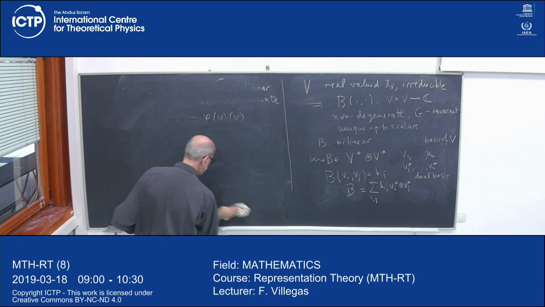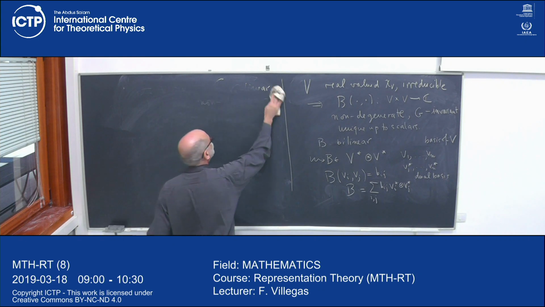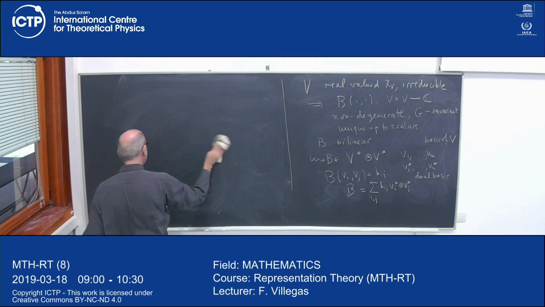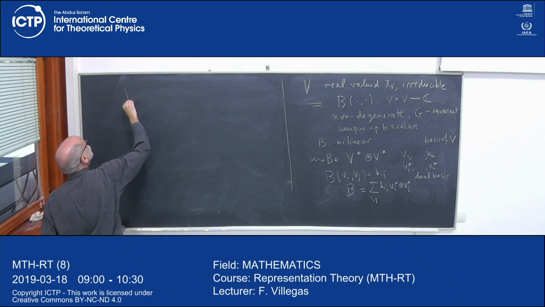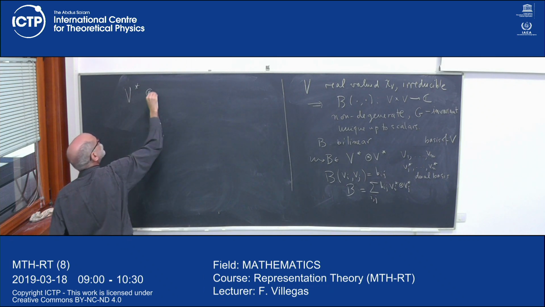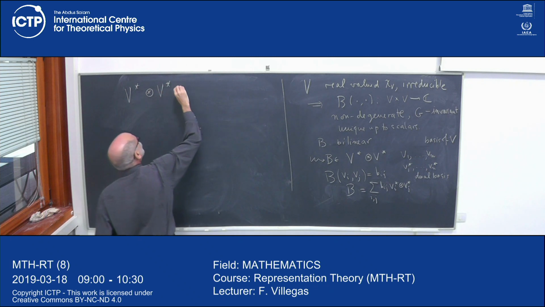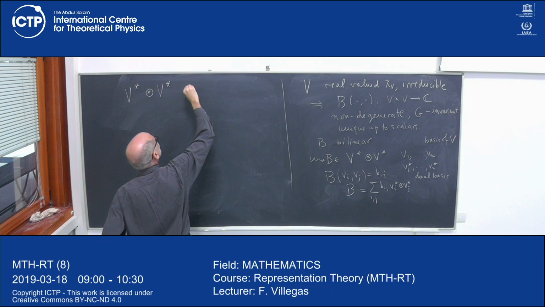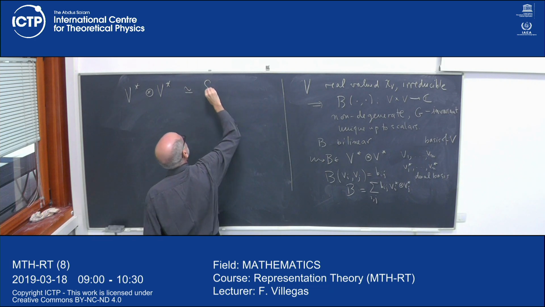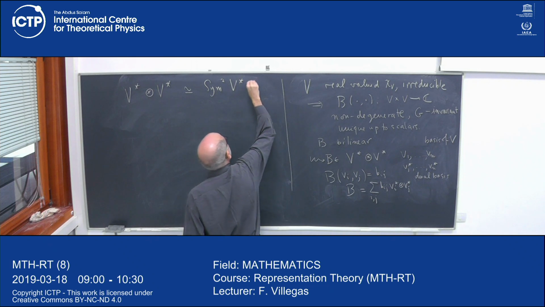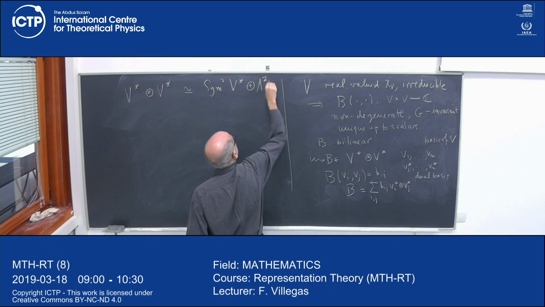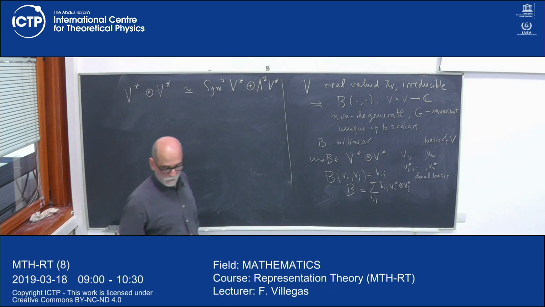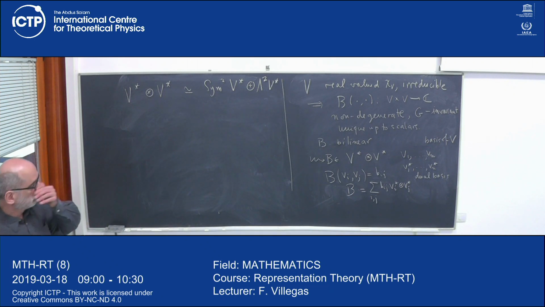Now, as we discussed before, if we take the tensor product of a vector space with itself, this is a G representation, and as G representations, it breaks up into two pieces, the Sym2 and the wedge2.